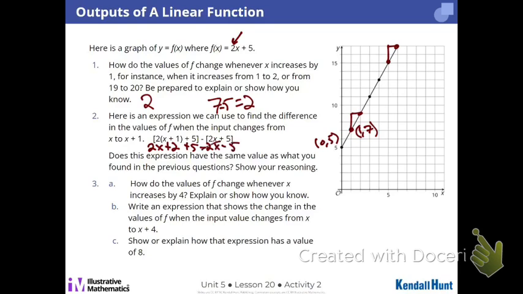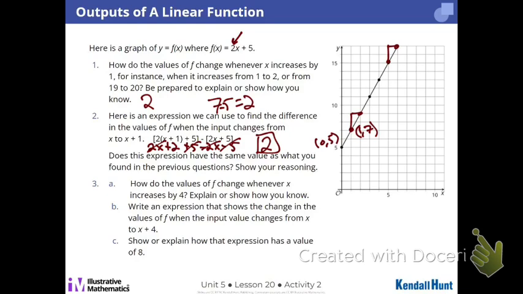And we may notice my 2x's cancel and my 5's cancel and that leaves me with 2. And of course that makes sense. Any 2 points that we pick, any 2 consecutive points are always going to have a difference of 2 forever because it is linear. So not only do we have the algebraic expression making it make sense, we found it with points, we found it in the equation.